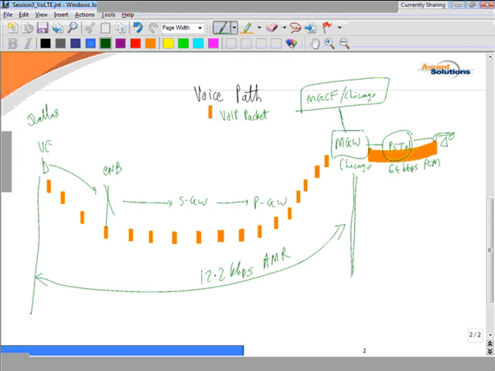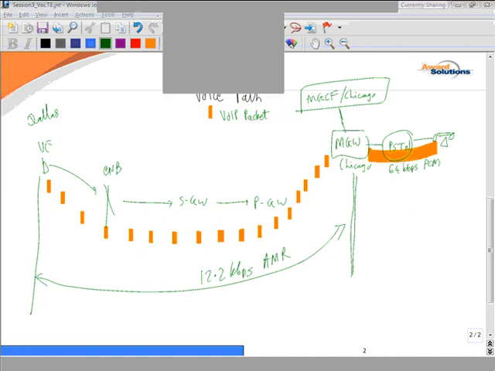So lower layers of the protocol stack are converted from IP to SS7 by the signaling gateway based on the instructions from the media gateway control function, MGCF. Okay, so those are basically the signaling paths and the traffic paths for our voice call.